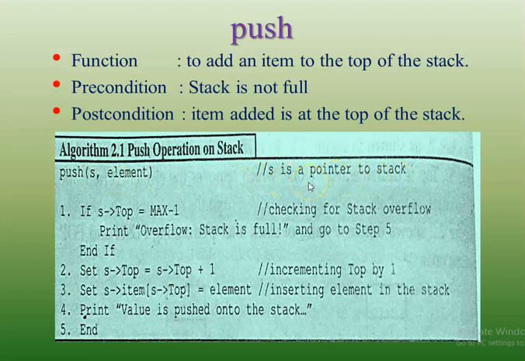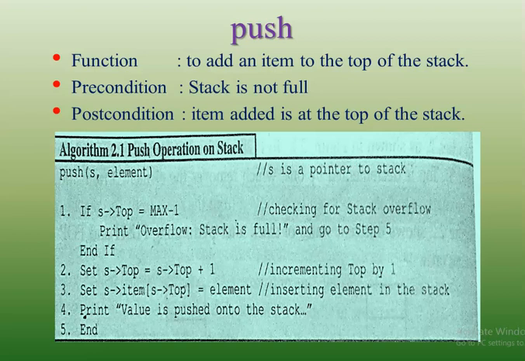If s is a pointer to the stack, you know that the structure representing the stack will have some members. Those members can be accessed using this pointer with an arrow mark. Previously we have defined a stack to be having two members.